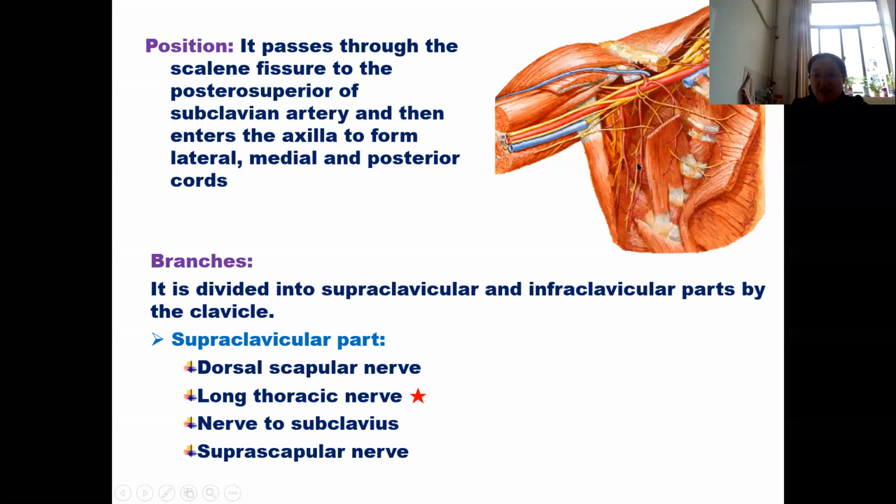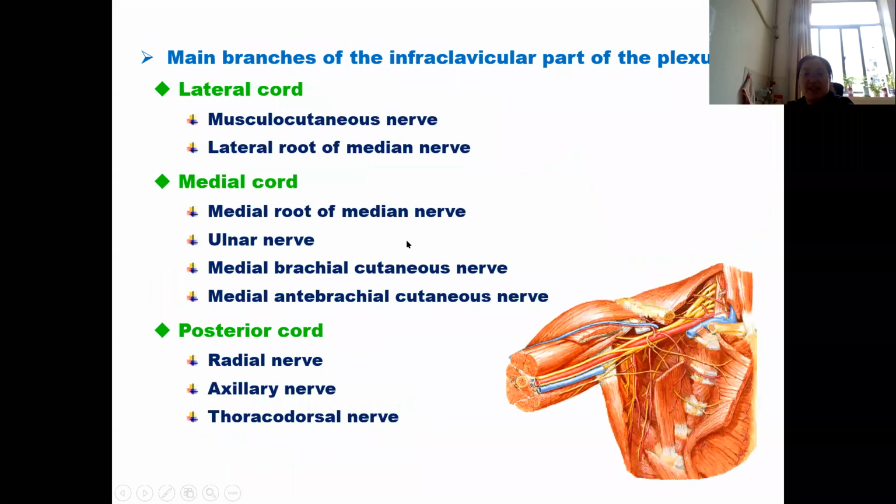If this nerve is damaged, the serratus anterior will be paralyzed, and then a wing-like shoulder will appear. So the long thoracic nerve is quite important.